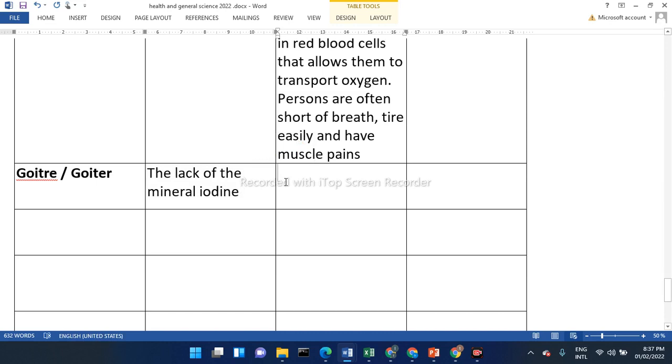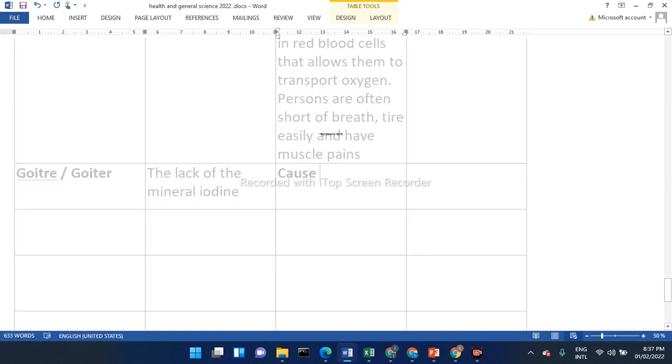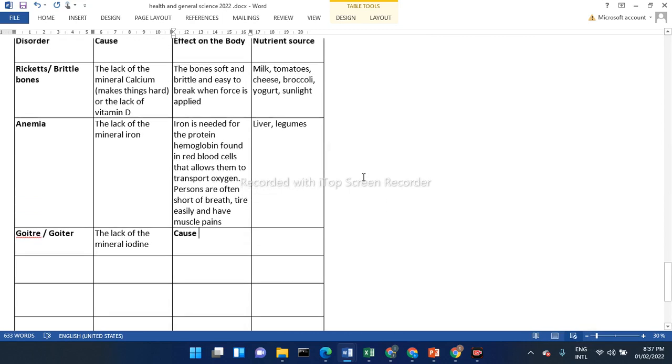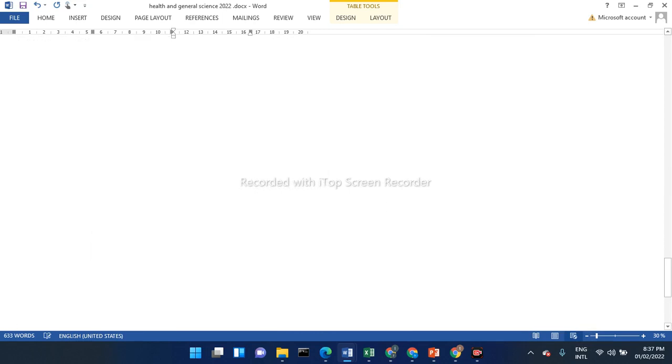So what does it cause in terms of the thyroid gland? Swelling of the neck. Yeah. So if you don't have this table already, construct it, please. If you already have it, then we just continue.